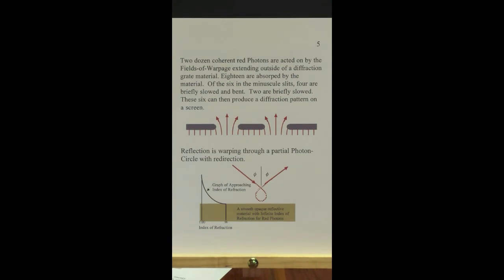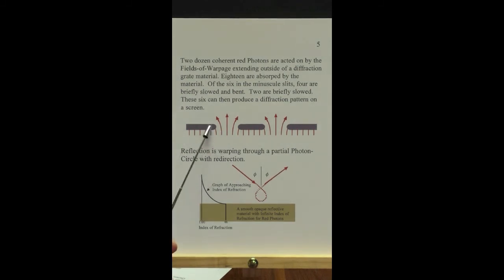The openings in the diffraction grating are about the same size as the wavelengths of the photons, and the distance between the two openings is about twice the length of the photon's wavelength. 18 of these photons, 6 there, 6 there, and 6 there, are absorbed into the material of the diffraction grating, and 6 pass through the diffraction grating, and it's quite obvious now what happens.